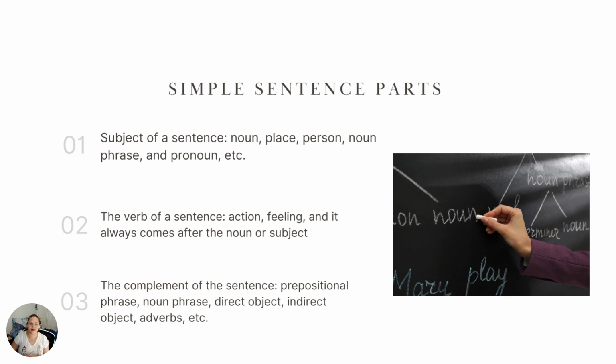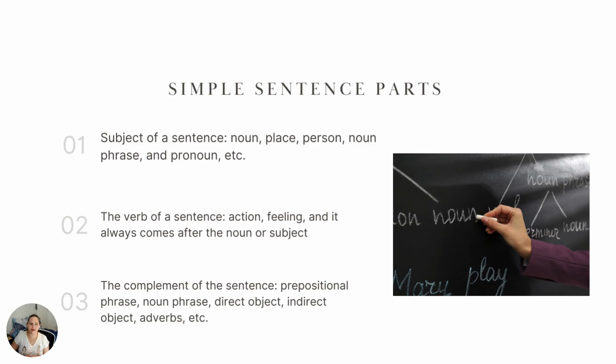Okay, so now we're going to talk about the parts of the sentence. The first is something called the subject. Usually the subject goes at the beginning of the sentence and is usually a noun, the name of a place, the name of a person, a noun phrase, or a pronoun.